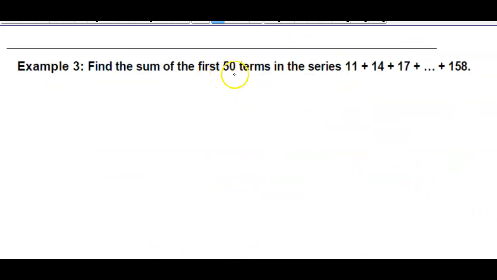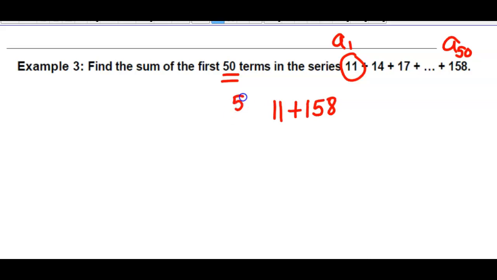Find the sum of the first 50 terms here. So they're telling us the first term and the 50th term. That's really nice of them. So you have 11 plus 158 all times 50 over 2 to find the sum of the first 50 terms. I should have written the formula.